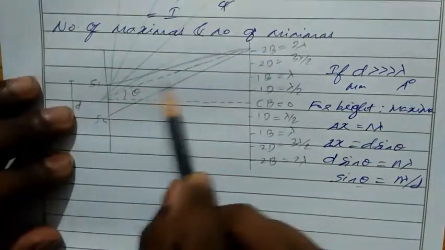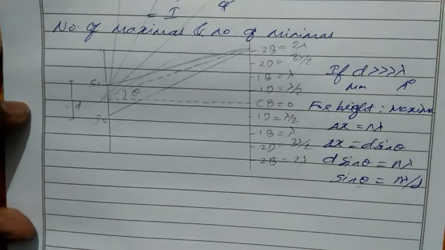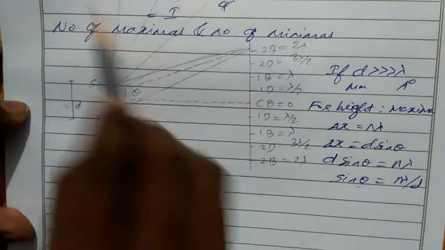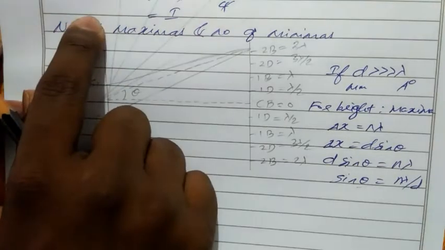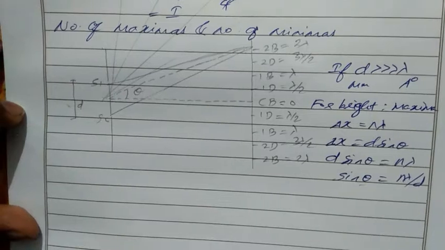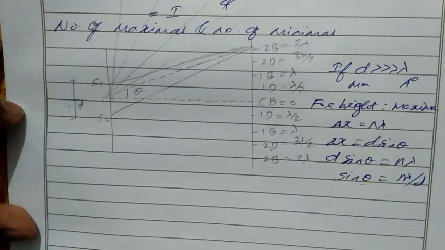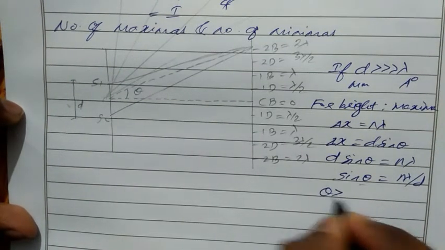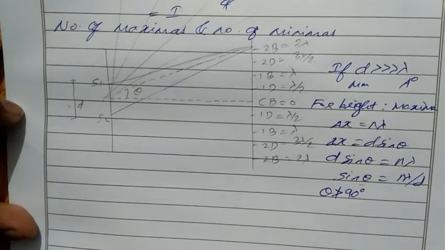So our angle should be less than 90 degree. If it is more than 90 degree, then our light does not hit the screen, and we can't get the maxima and minima. So our theta cannot exceed 90 degree.